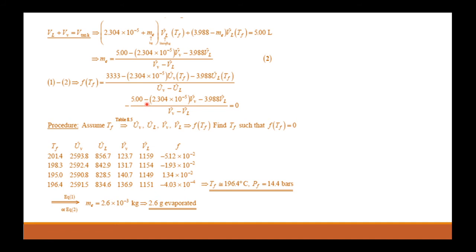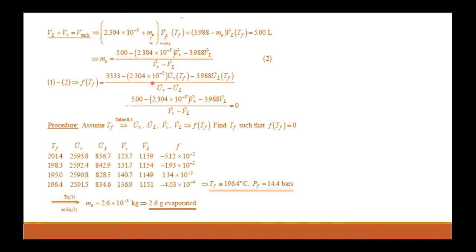So in this case we will need to do interpolation. So we'll start with, say, 201.4 degrees Celsius. So get their U, V, UL, VV, and VL.